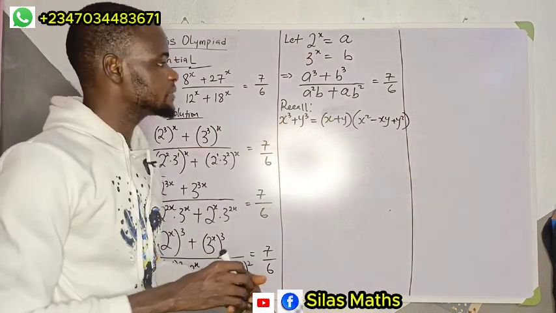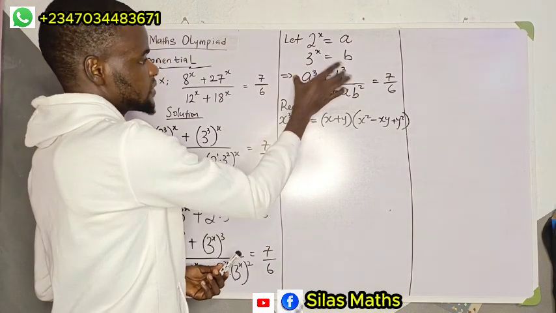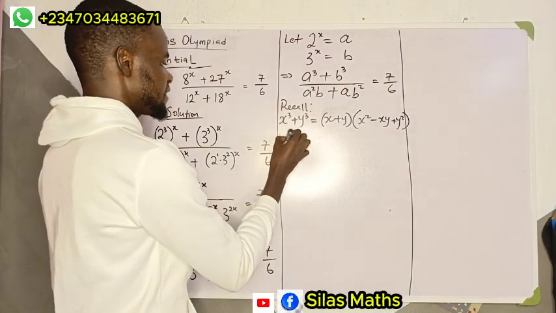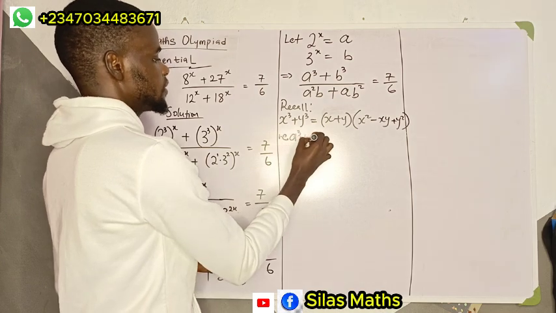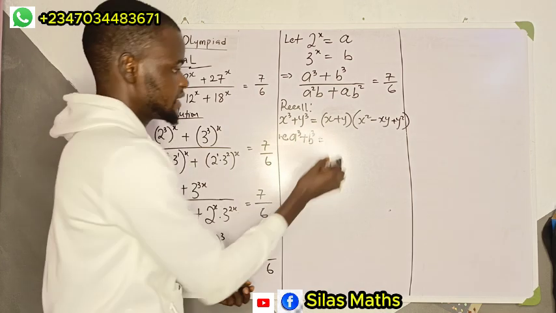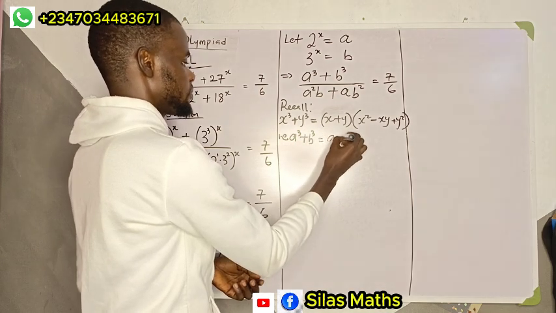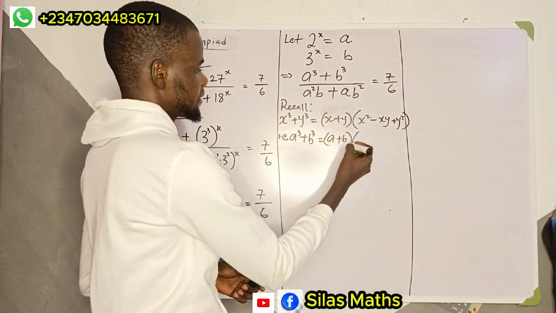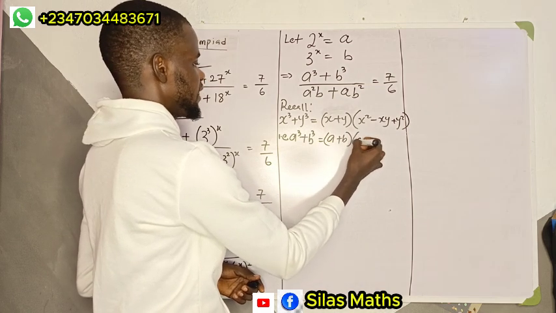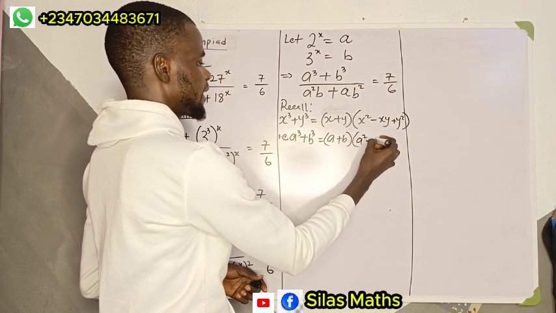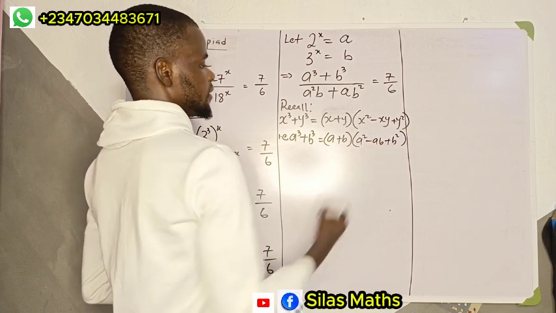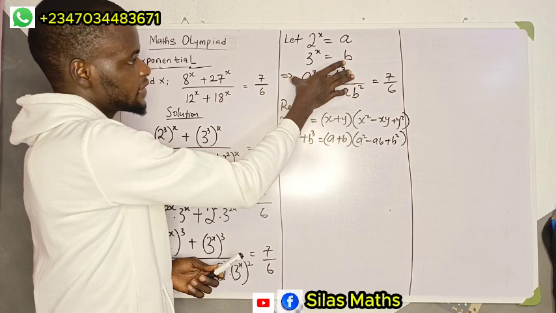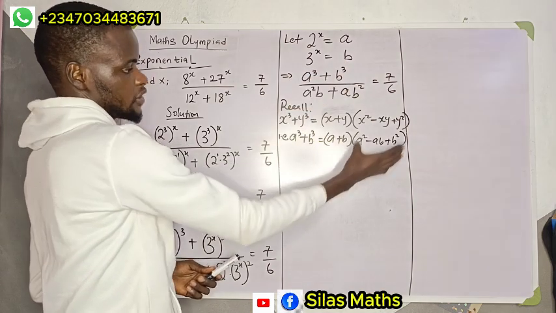All right, so the same thing now, we are going to apply this to this. That is to say that a to the power of 3 plus b to the power of 3 can be expressed in this way: a plus b bracket a to the power of 2 minus ab plus b square, right? So everything here at the numerator becomes this.